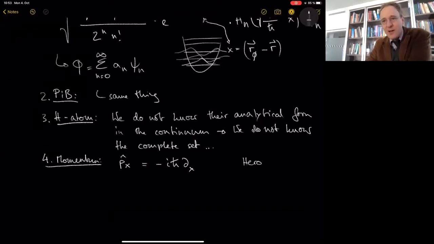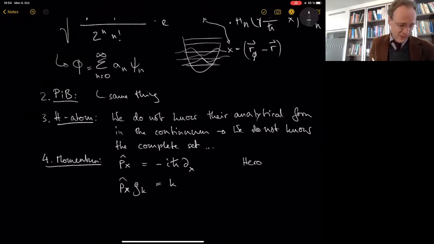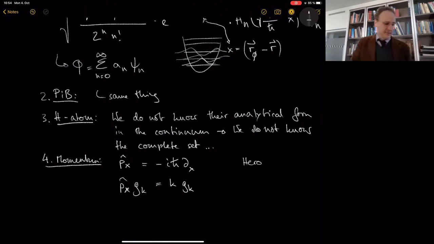So probably it will blow your mind. What is the eigenvalue problem? Px applied to our eigenfunction, let's call it gk, spits out the eigenvalue, let's call it k, times gk. So we use k as the number as well as the index as well as the eigenvalue.